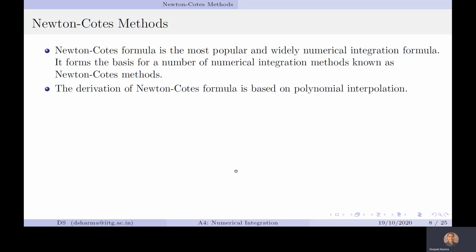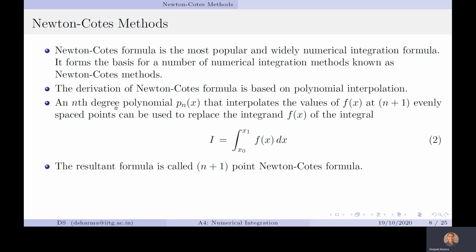The Newton-Cotes formula is the most popular and widely used numerical integration formula. It forms the basis for a number of numerical integration methods known as Newton-Cotes methods. The derivation of the Newton-Cotes formula is based on polynomial interpolation. Suppose we have an nth degree polynomial that interpolates the value of the function f(x) at n plus 1 equally spaced points, which can be used to replace the integrand f(x).